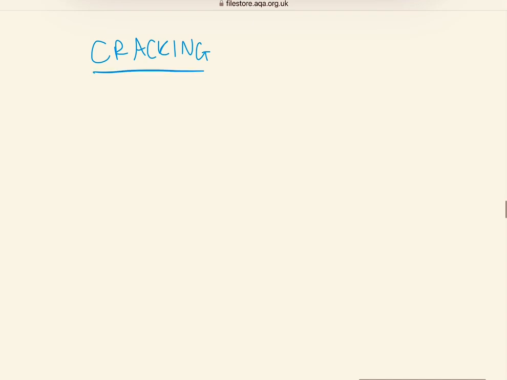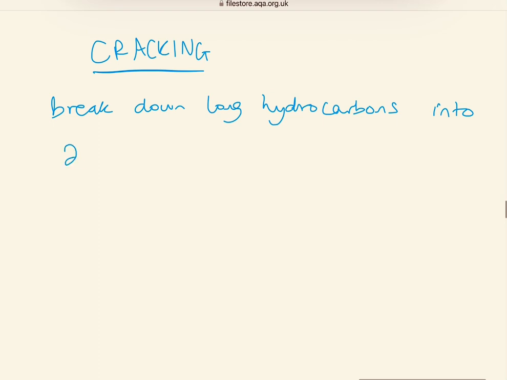So cracking is used to break down long hydrocarbons into two or more shorter hydrocarbons.